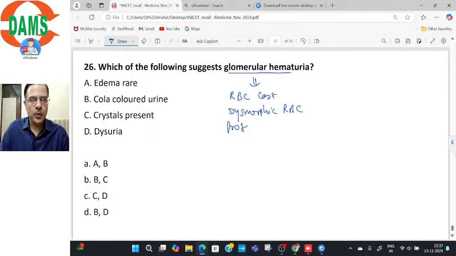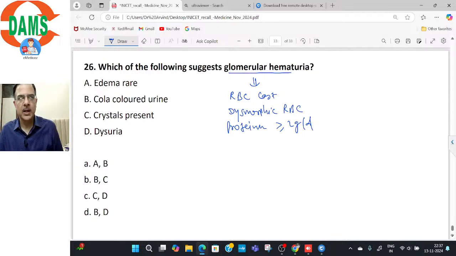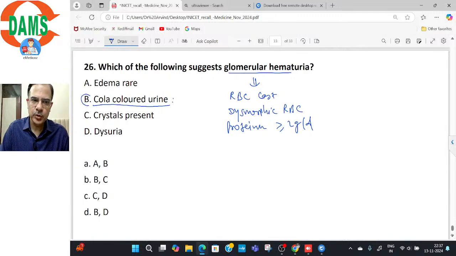And usually a proteinuria value of more than or equal to 2 grams per day. While glomerular hematuria can cause dark colored urine, which is typically described as cola colored urine, because of the RBC cast and dysmorphic RBCs. So the best answer here should be the B option.